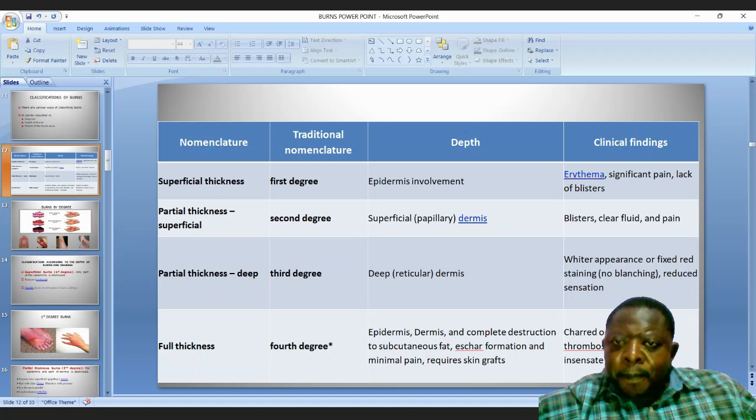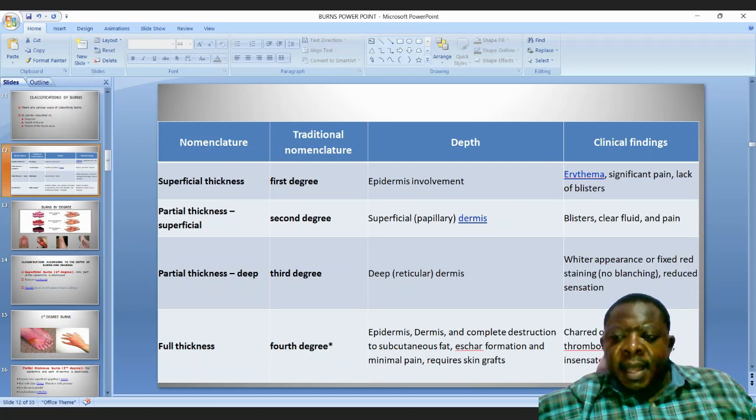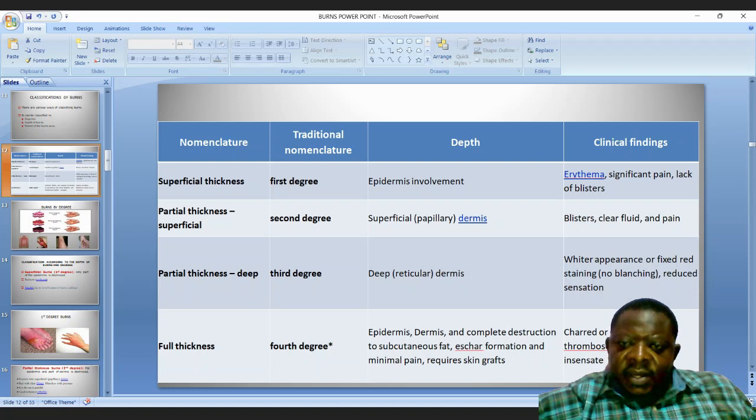So if the superficial part of the dermis is affected, then there will be blister formation. There will be a clear fluid that will accumulate within the blister, and there will be involvement of a bigger part of the nerves causing a lot of pain.